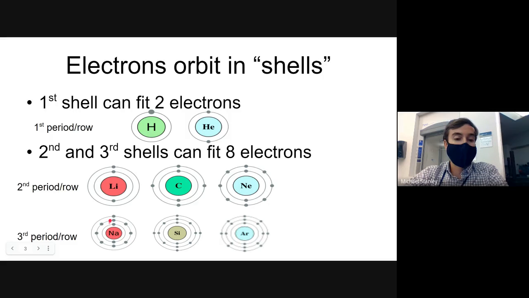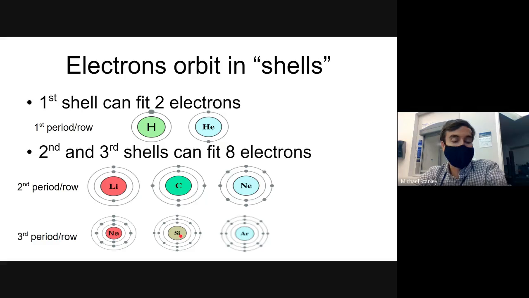So now we have a full first shell and a full second shell, but we've only put down 10 of our 11 electrons. So that last electron, that 11th electron, gets to go hang out on the third shell all by itself. So 2 on the first shell plus 8 on the second shell plus 1 on the third shell gives us 11 electrons for sodium.